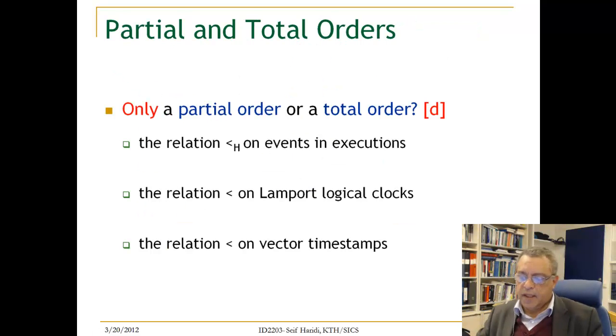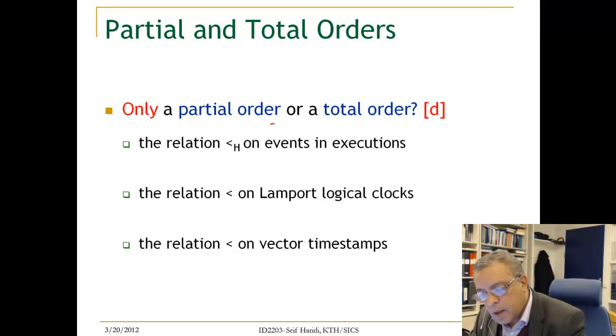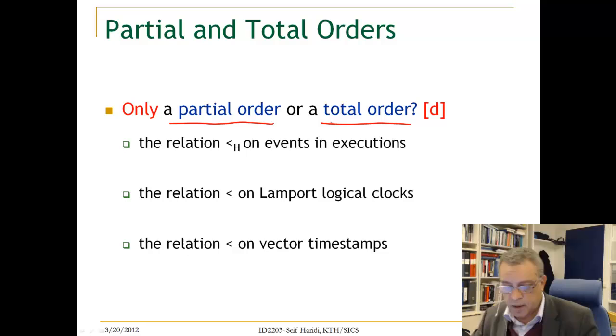So now we have seen two notions of clocks: Lamport clocks and vector timestamps. And here is a question for you. Which of the clocks define a partial order and which one defines a total order?